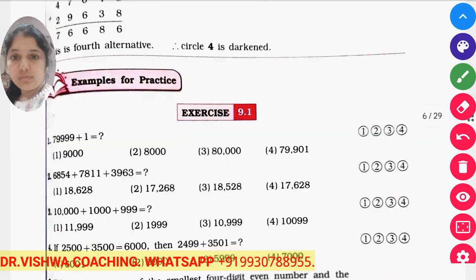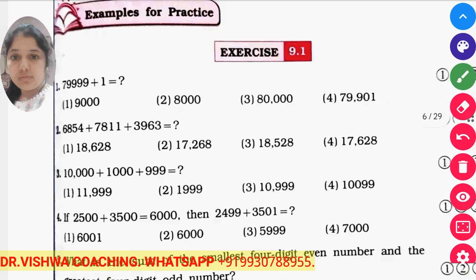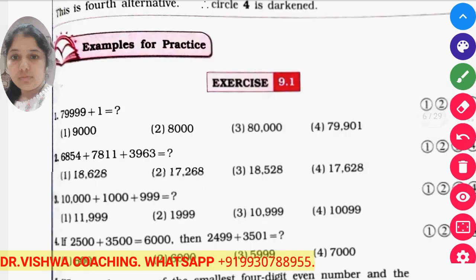Now see in the first exercise the first sum is 79,999 plus 1. If you add 1 into 79,999, it becomes 80,000.